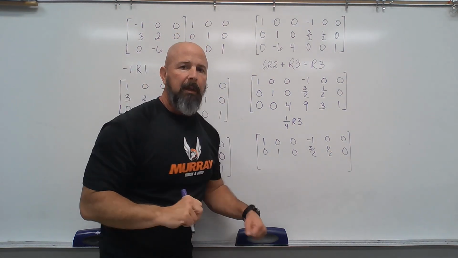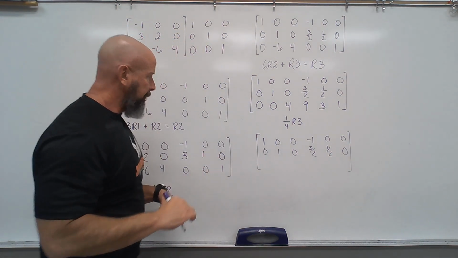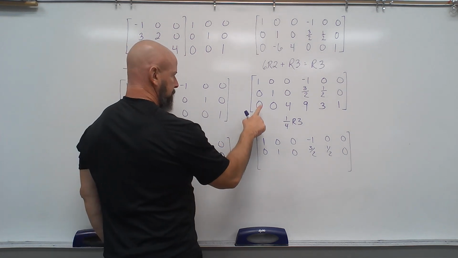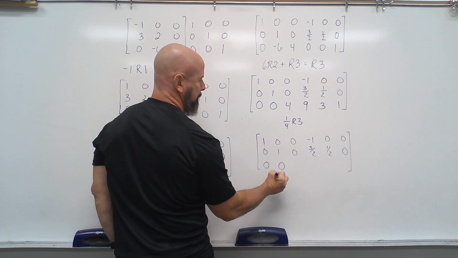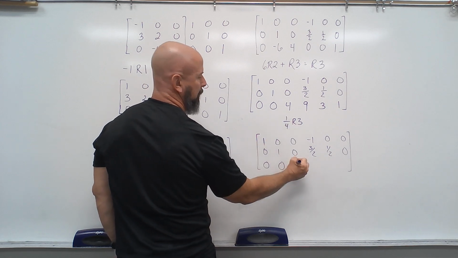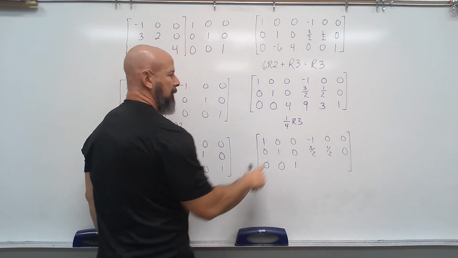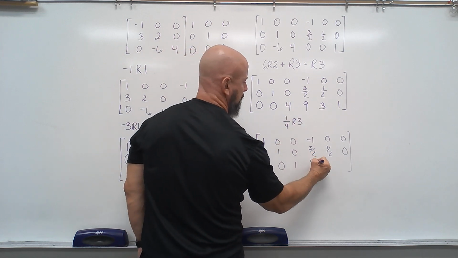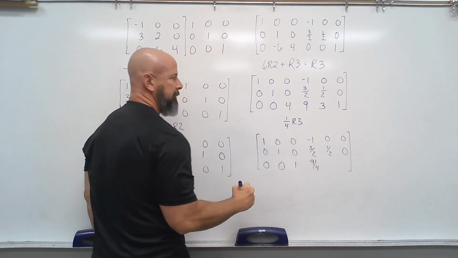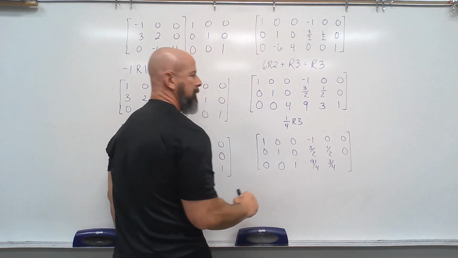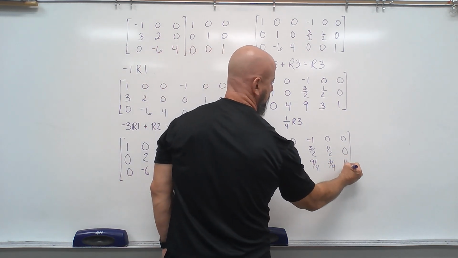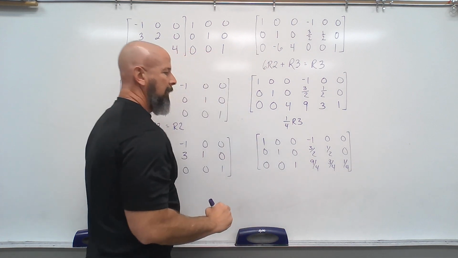Now I'm on row 3. Divide by 4 or multiply by 1/4. 1/4 times 0, 0, 0. 1/4 times 4, 1. 1/4 times 9, 9/4. 1/4 times 3, 3/4. 1/4 times 1, 1/4.